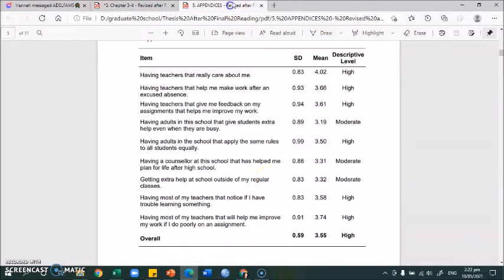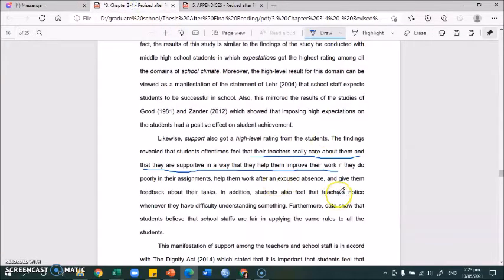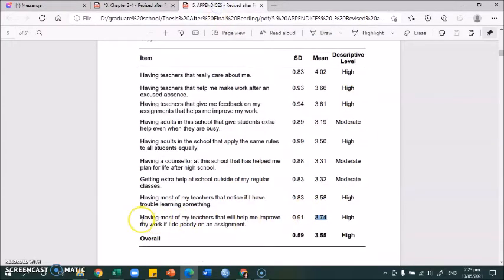And then next, dito 402, saan pa ba? Eto, that's having most of my teachers that will help me improve my work if I do poorly on an assignment. So, tingnan natin. And that they are supportive in a way that they help them improve their work if they do poorly in their assignments. So, ayun. Ayan, nirephrase na siya. Okay.